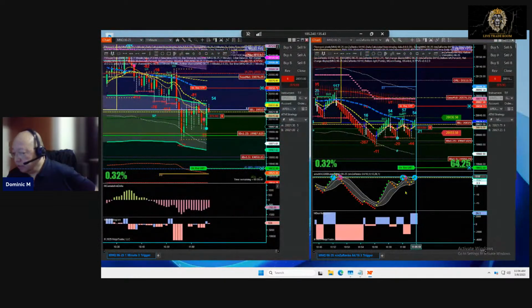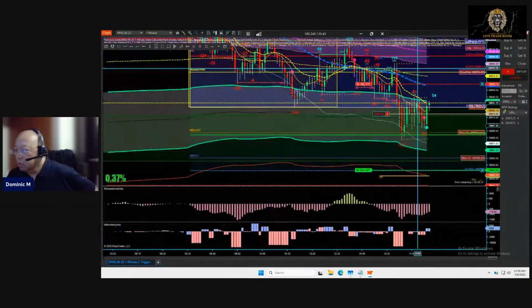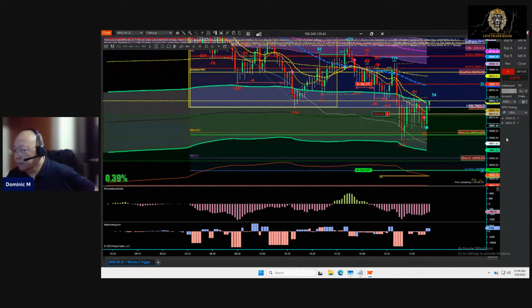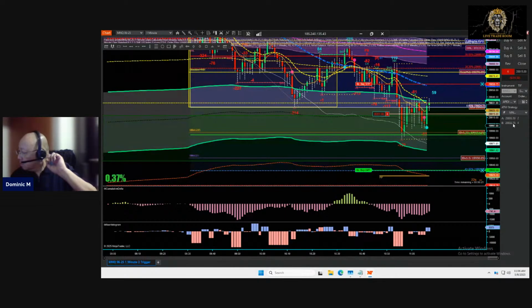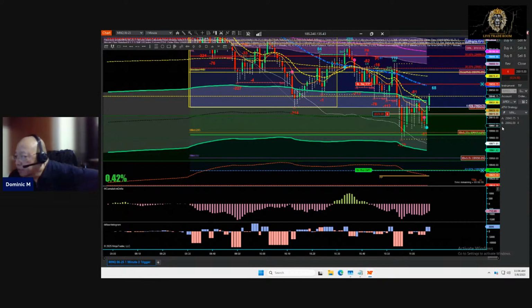What's the MACD doing? Oh, we're right at the 0 line right now. 30 seconds. Let's see what they do. Nope, they brought it up. 15 seconds.